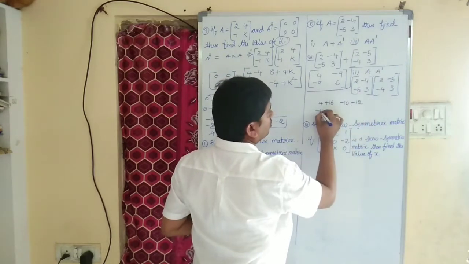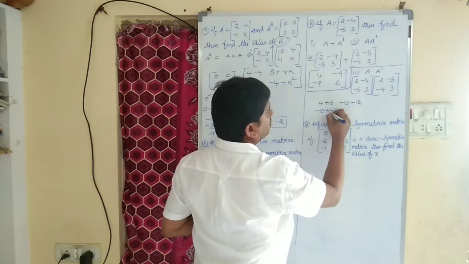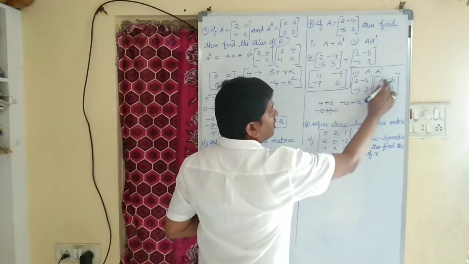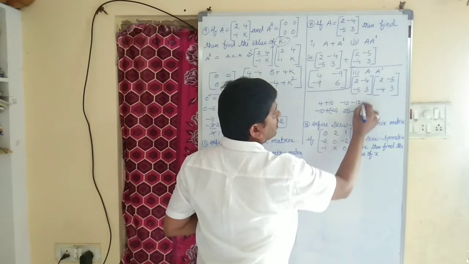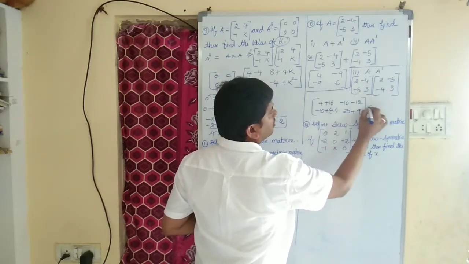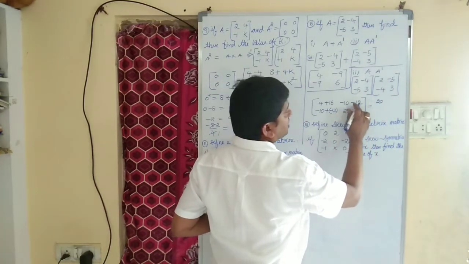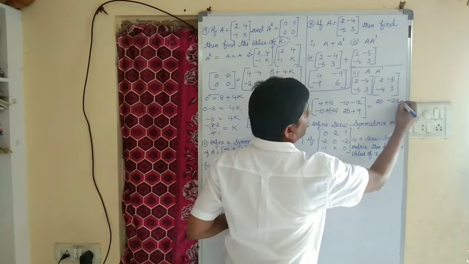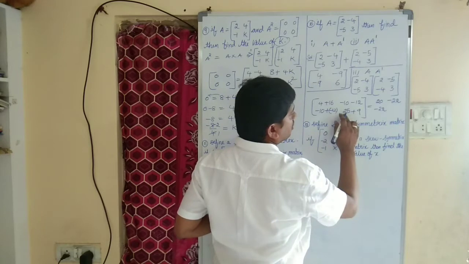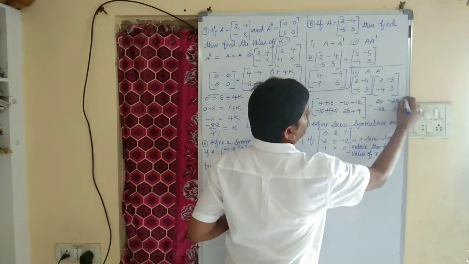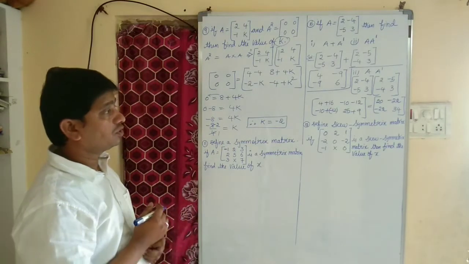Minus 5 into 2, minus 10, plus 3 into minus 4, minus 12. Minus 5 into minus 5 is 25, plus 3 3s are 9. So 4 plus 16, 20; minus 10 minus 12, minus 22; minus 10 minus 12, minus 22; 25 plus 9, 34. So 20, minus 22, minus 22, and 34.